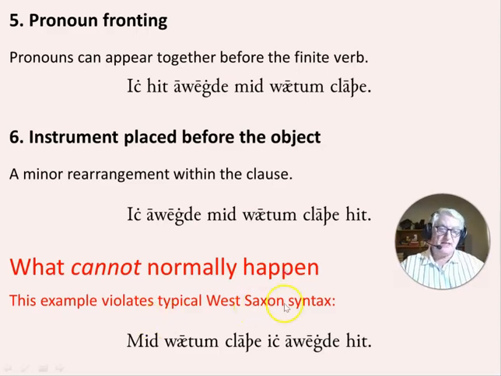So this example violates typical West Saxon, early West Saxon syntax, or any West Saxon syntax. Mit wētum clāþe, ich ā-wēġde hit. Now, if you think about it, look where the conjugated verb is. It's in third place. That generally cannot happen unless you're being poetic or playing around with language. So placing mit wētum clāþe, the instrument, first, as we've seen earlier, is emphasizing what you've done: with a wet cloth, wiped I it.